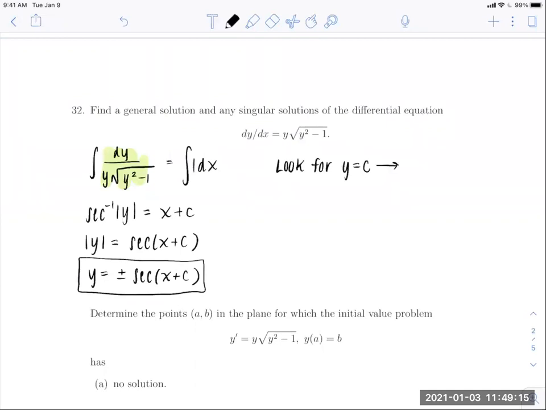Now, whenever you have a constant, we know its derivative is going to be 0. So if we know that the left-hand side is going to be 0, then we need only set the right-hand side equal to 0. So if I do that, y times the square root of y squared minus 1 equals 0, I can set those two factors equal to 0, and I get y equals 0 as well as plus or minus 1.